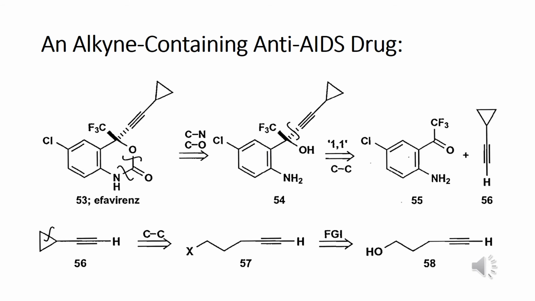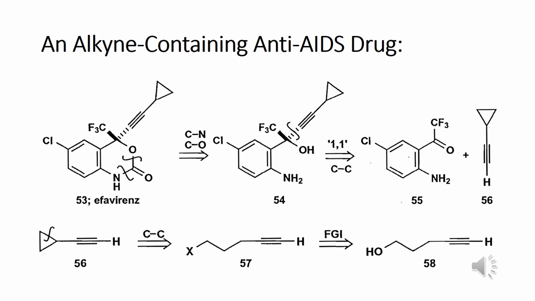The disconnection of two structural C-O bonds reveals structure 54, that is clearly the adduct of an acetylene, structure 56, and the ketone, structure 55.